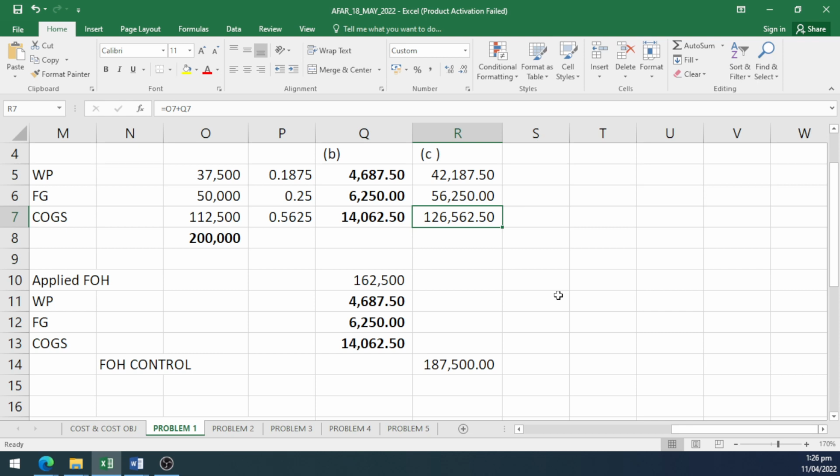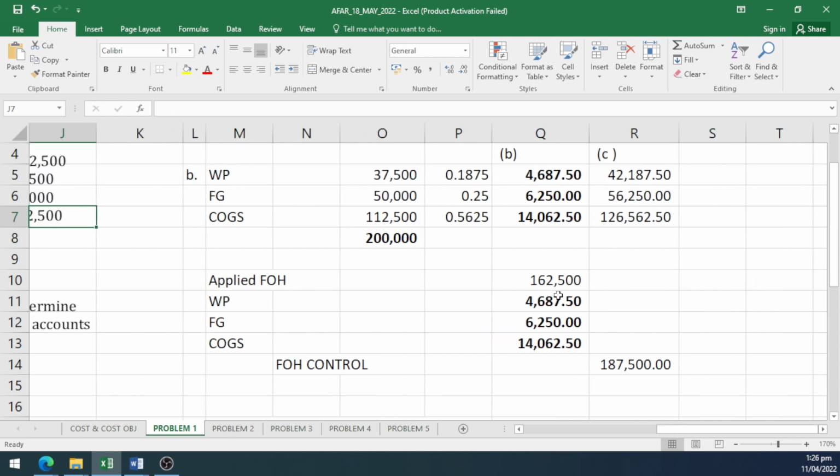Kaya kung material yung effect, ayun, ibabalik natin. Ginawa nating actual uli, kasi mamimisstate ang mga inventories, ladies and gentlemen. Yun ang reason diyan kung bakit kailangang ibalik sa actual kung material or significant yung amount.